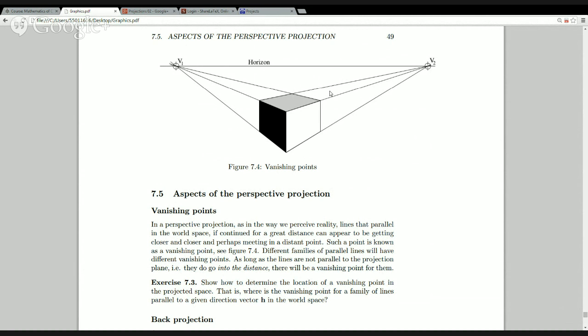Given by, so we're going to say here what r prime x is and r prime y. So we'll use the usual notation. We'll suppose P is the vector Px, Py, Pz, and H is the vector Hx, Hy, Hz.